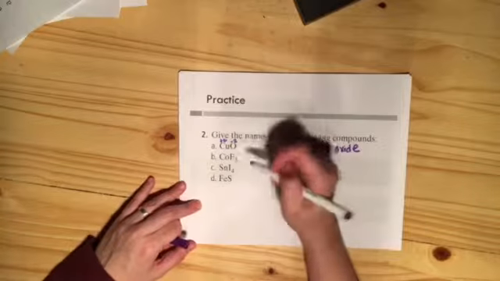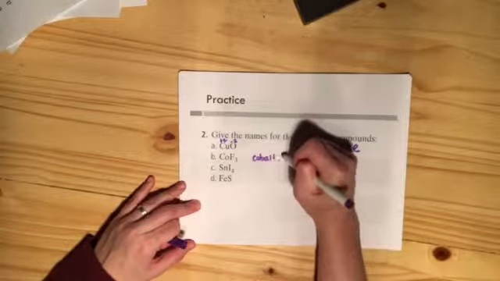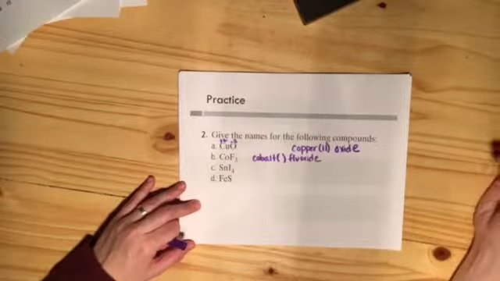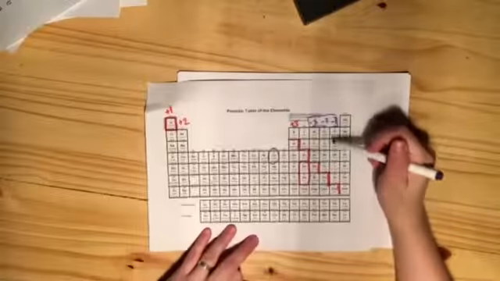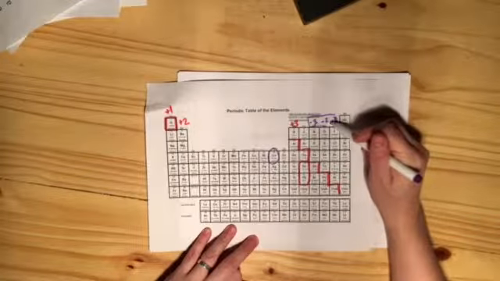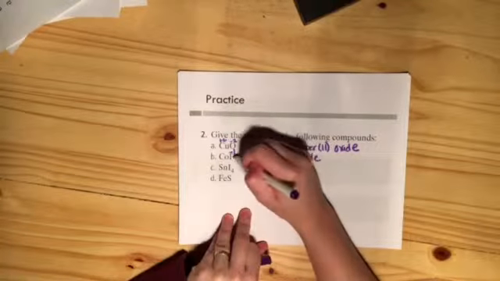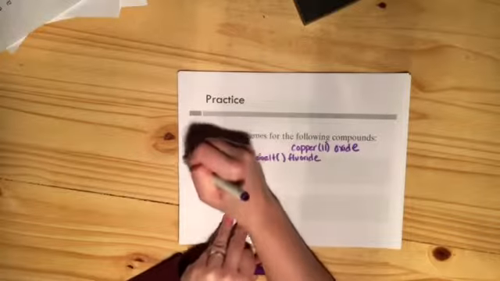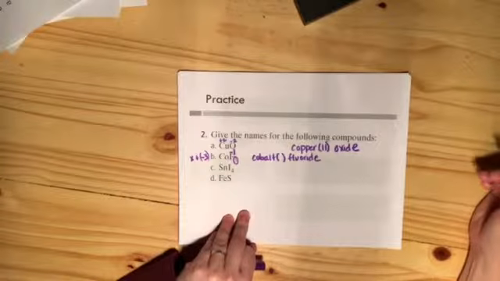Here, we've got cobalt fluoride, but we don't know what kind of cobalt we have. Fluoride is in this group here. It's a minus 1. We've got 3 of them. And so if you've got a minus 3, X plus that minus 3 has to equal 0.